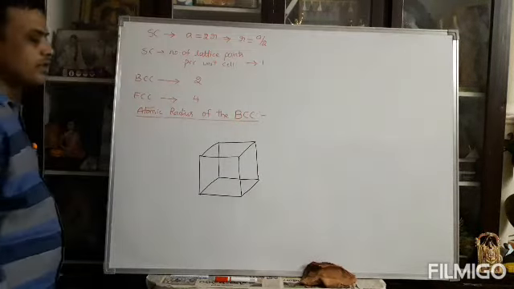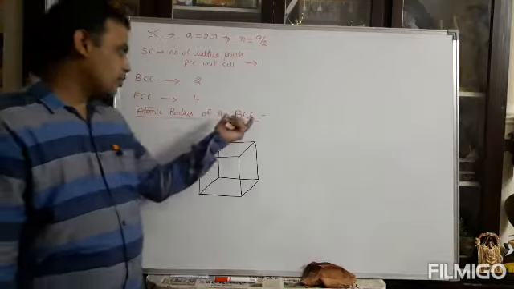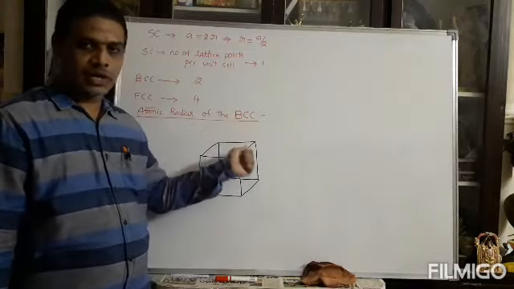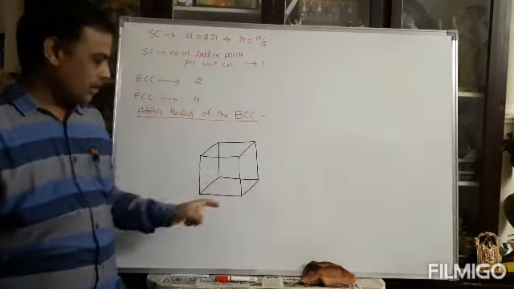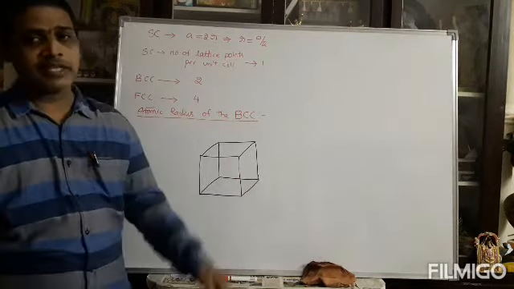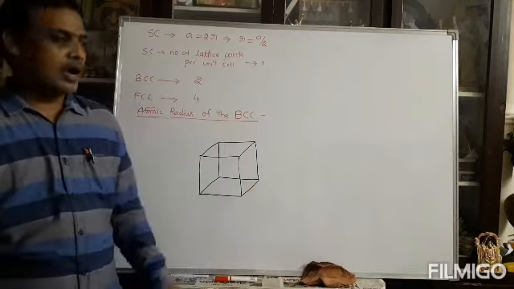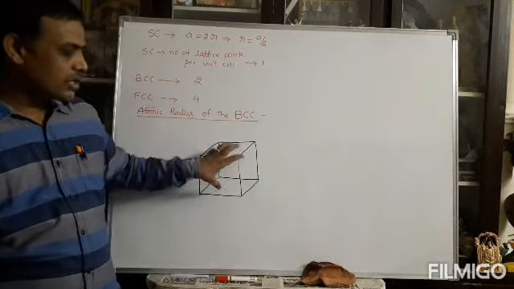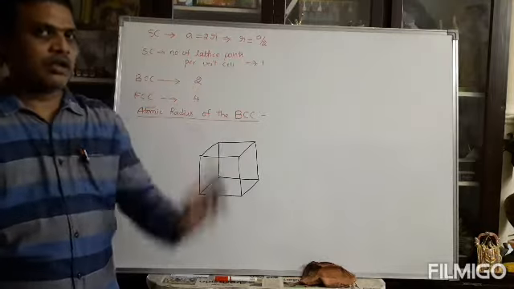What is the body centered cubic structure? It is first of all a simple cubic. What is simple cubic? Every corner of the cube is occupied by one lattice point or one atom, and the center of the body is occupied by one atom.